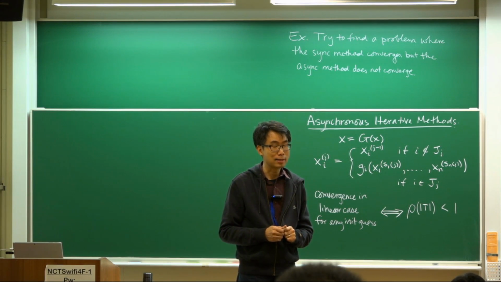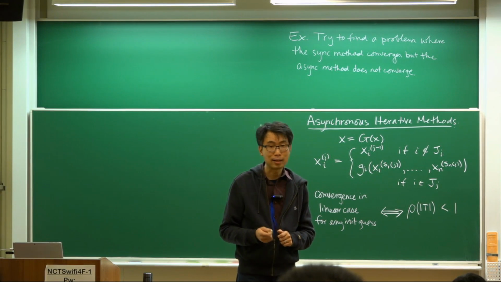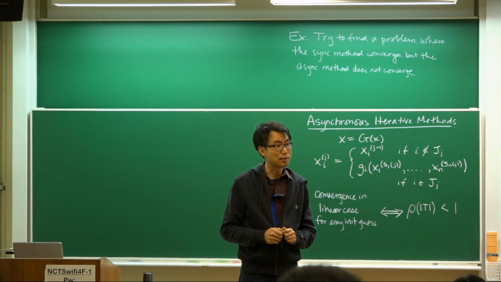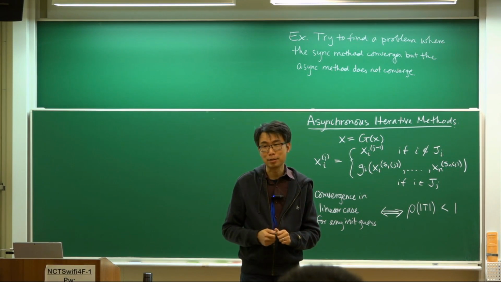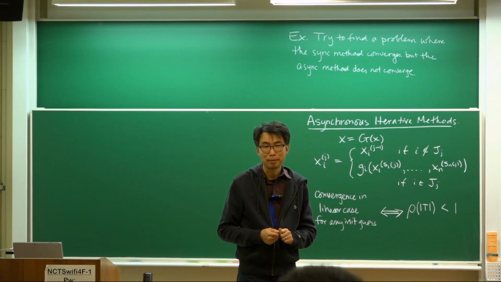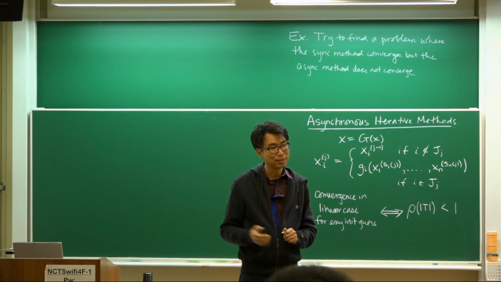And the theory says that in that case, you can find some asynchronous sequence that does not converge. And I think it's a very interesting question because how easy is it to find that sequence even if that spectral radius is greater than 1? Remember, it can still maybe converge, right? But how hard is it to find something that doesn't converge? So that is the question.